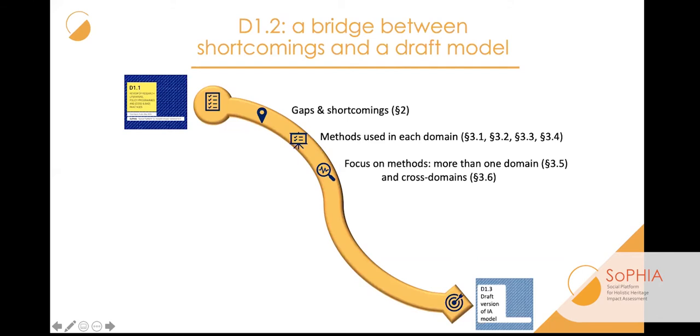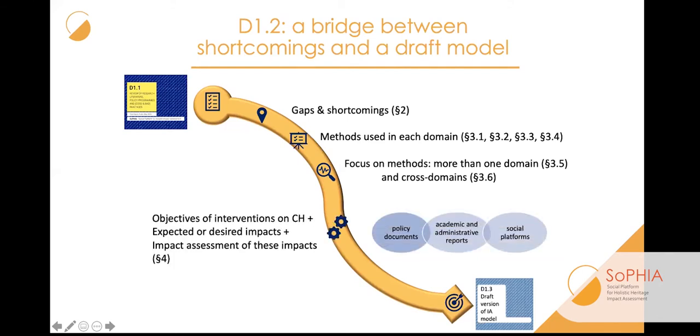So we thought it important to focus on the relations between the objectives of the interventions on cultural heritage, the expected or desired impacts that are coherent with these objectives, and later the impact assessment of these impacts.